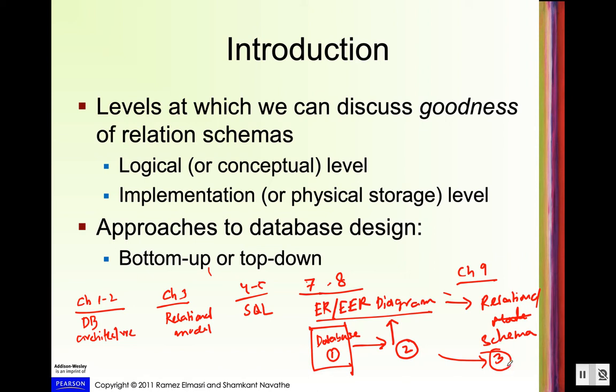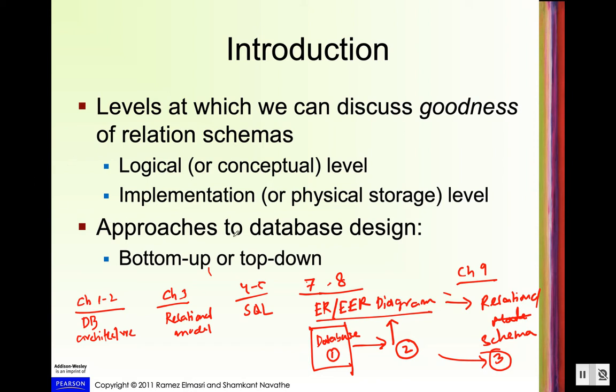But how can we think about how good our relational schema design is, and when we talk about the quality of relational schema, how do we actually qualify them? All right, so the main motivation behind this chapter is we are going to talk about some informal guidelines of database design, and then we're going to talk about some formal guidelines of database design.